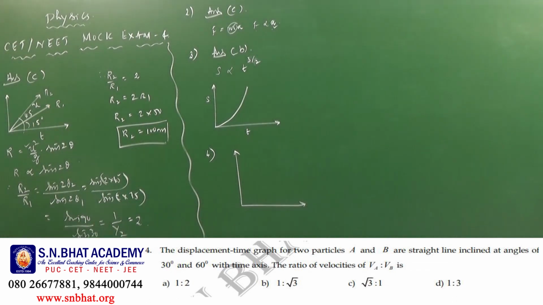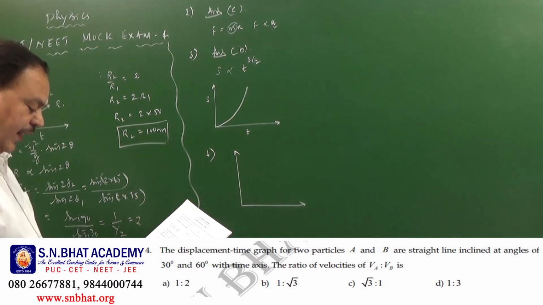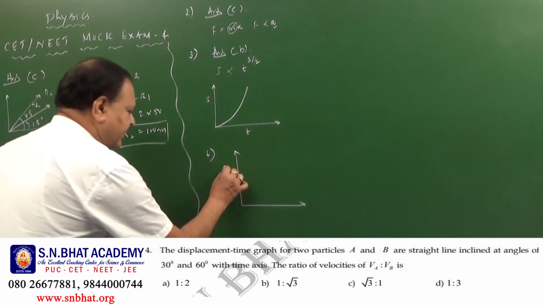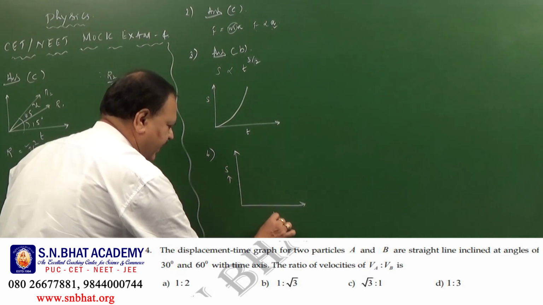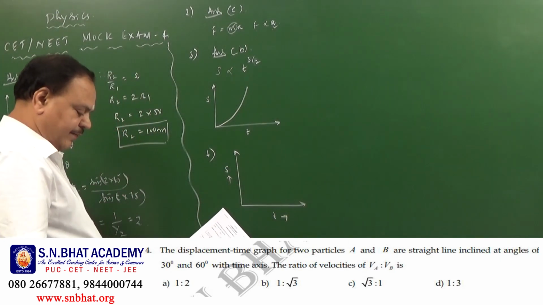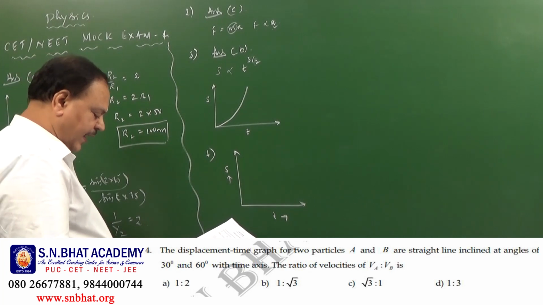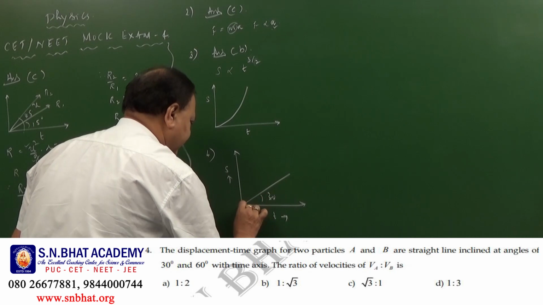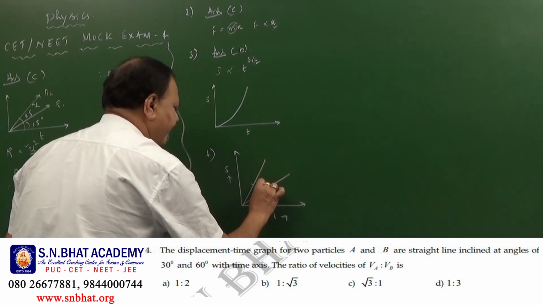Okay, you know that. So study the question carefully. Displacement time graph of two particles A and B. So here the displacement and the time graph are straight lines, and they are inclined at the angle of 30 degree and 60 degree. 30 degree and another is a 60 degree.